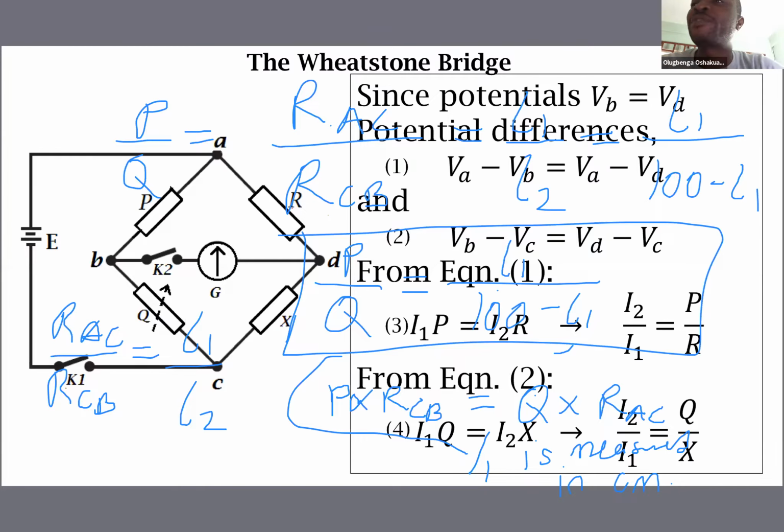It is connected to the negative terminal of the battery. Potential at A is connected to the positive terminal, so they are not the same. It's only the potential at B that is equal to the potential at D when the bridge is balanced, when you have adjusted resistor Q such that the potential at B is equal to that of D.